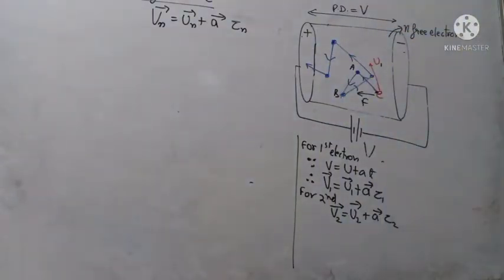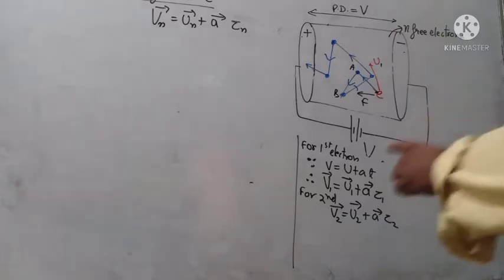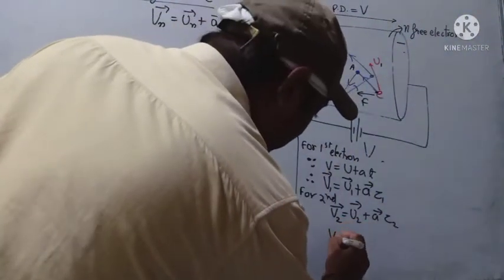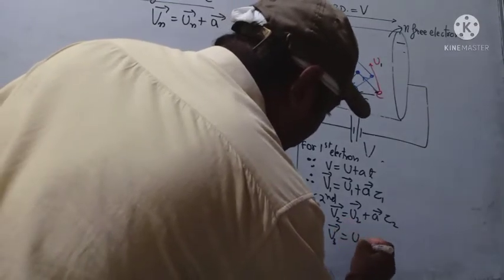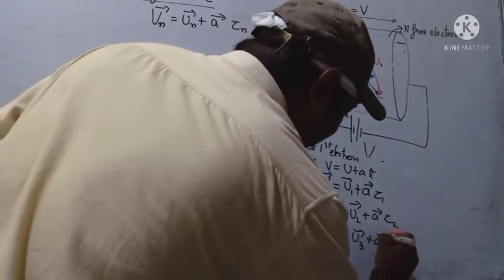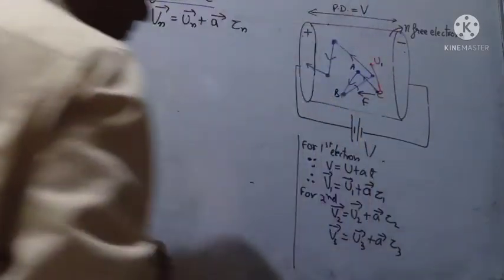So this is for first, second. If we write for third, V3 is equal to U3 plus A tau 3.